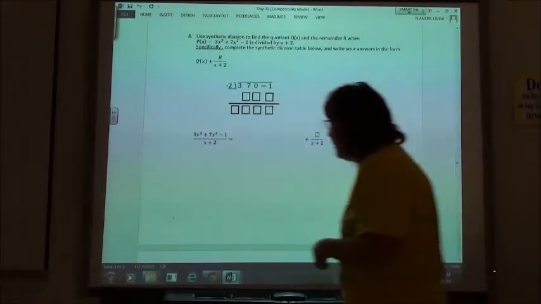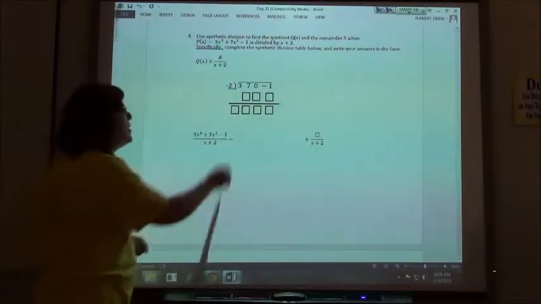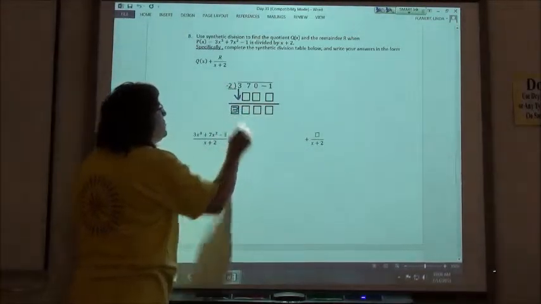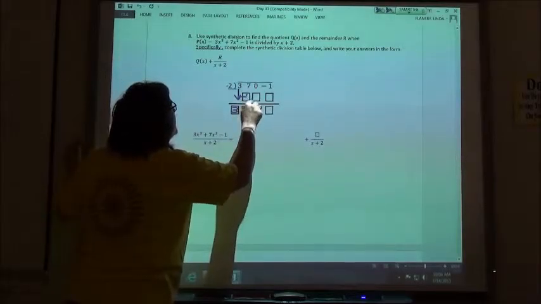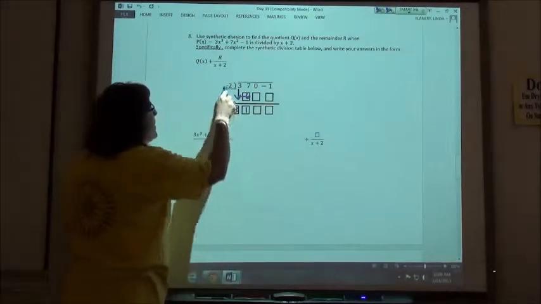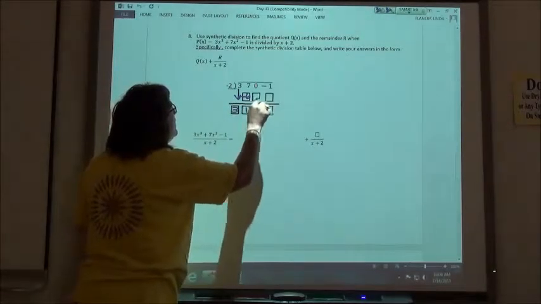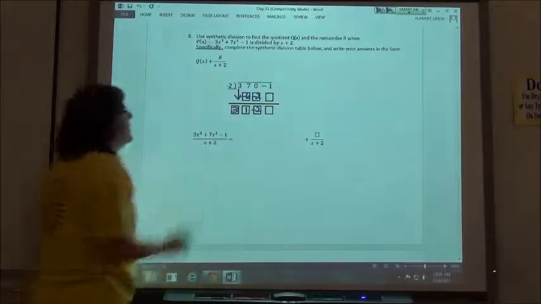So number 8. First thing I'm going to do, drop my 3 down, put that in the first box. Negative 2 times 3 would be negative 6, plus the 7 above that is 1. Negative 2 times 1, negative 2, plus the 0 above that, negative 2.